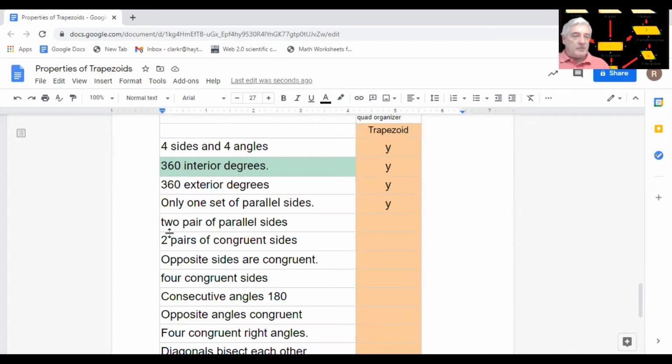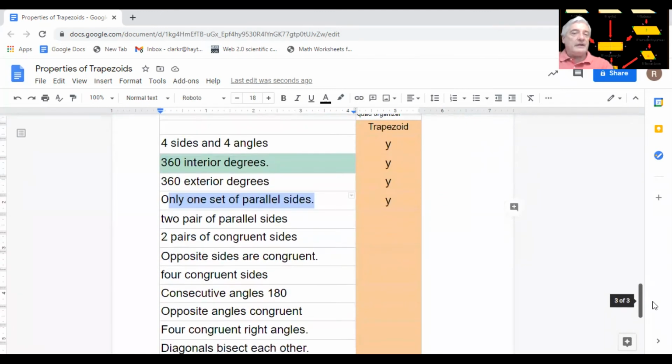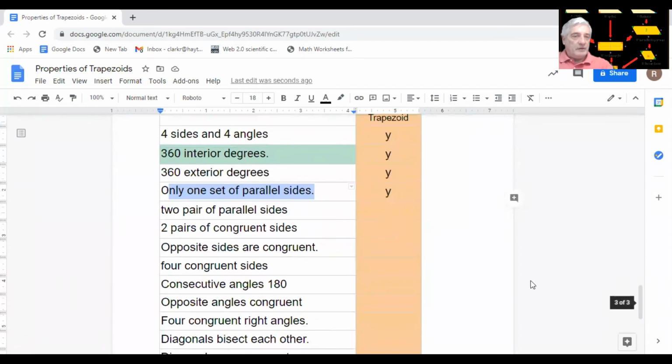Then about a trapezoid, we have 2 pair of parallel sides. No, we don't. That would be a parallelogram, right? How many parallel sides did we have? Only 1 set of parallel sides. So put a Y there. That's the only thing that's true about a trapezoid. So let's put zeros all the way down.